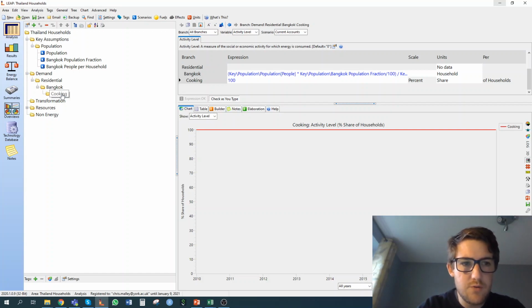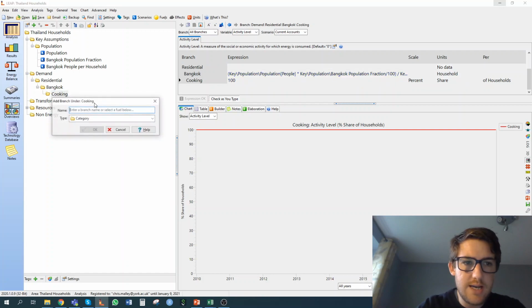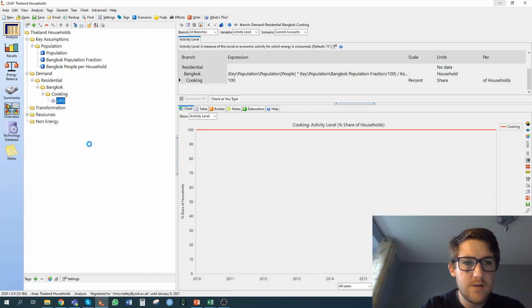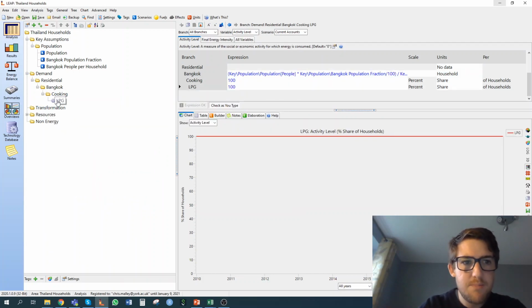So we want to add these fuels. Now for those fuels that have direct emissions, like LPG or wood, the way that we add them, we could just click add, technology with energy intensity, LPG, and then done. The problem with that is it doesn't have the emission factors underneath it, and it would take more time to add those emission factors.